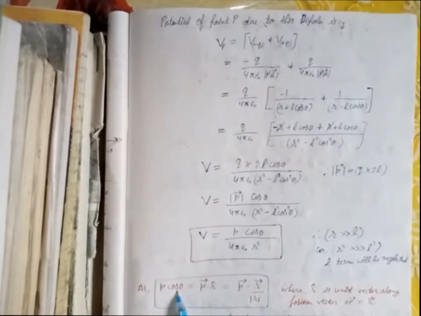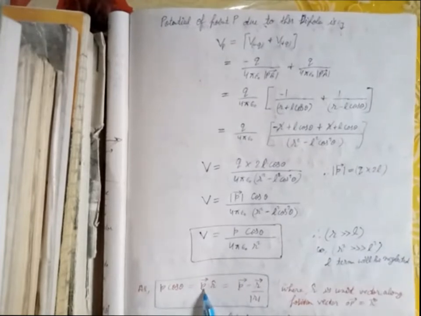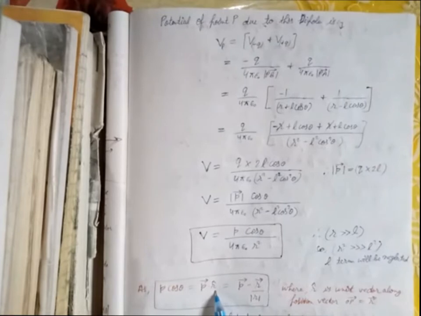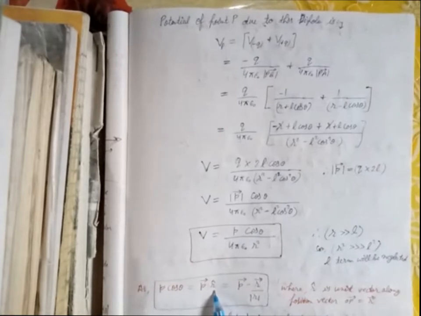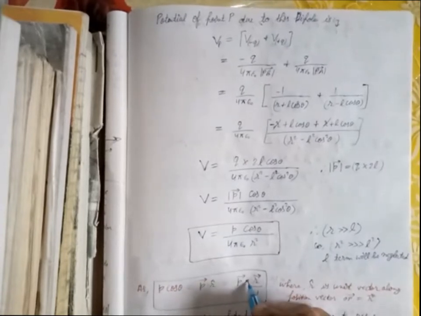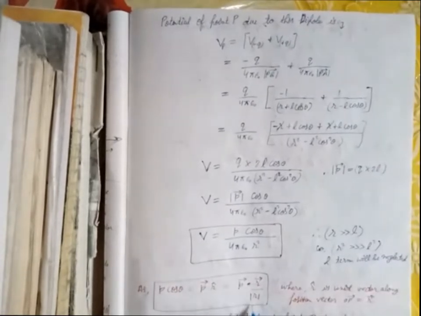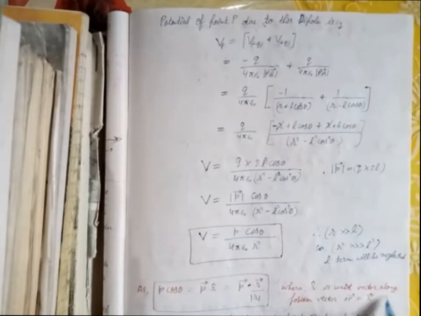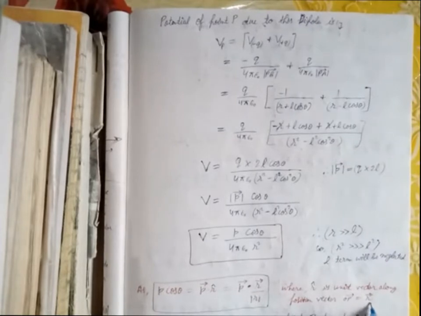What do we mean by P cos theta? P cos theta represents the dot product of the P vector with the unit vector along the position vector, that is P dot r vector upon its magnitude. This r cap is the unit vector along the position vector OP.